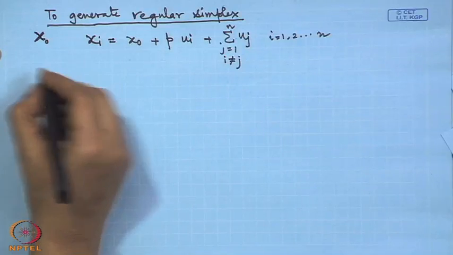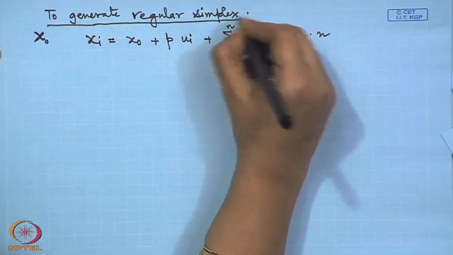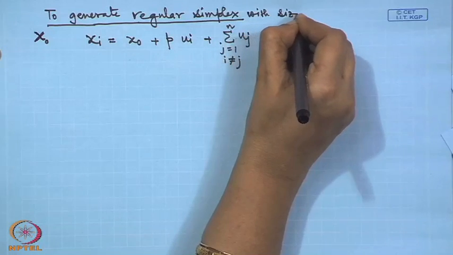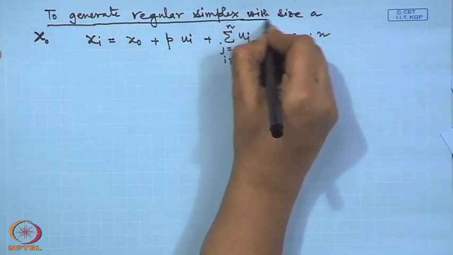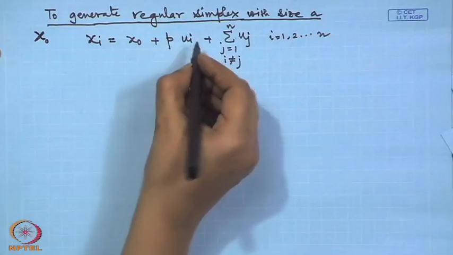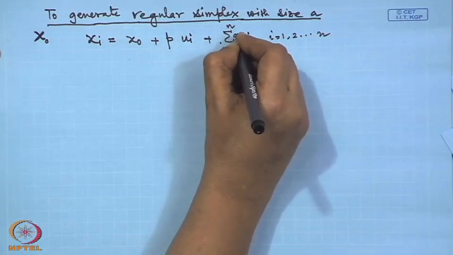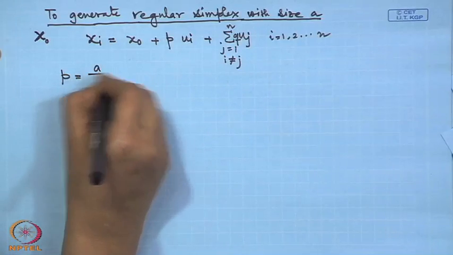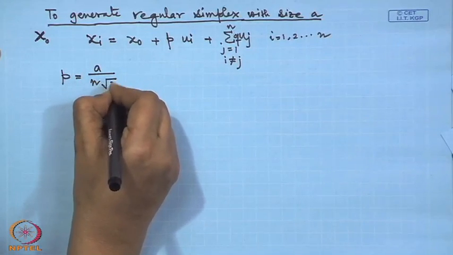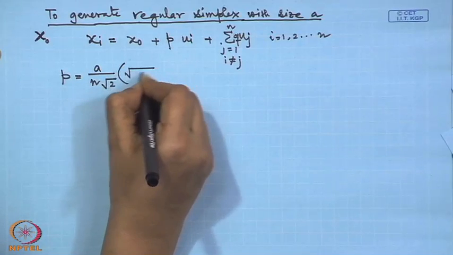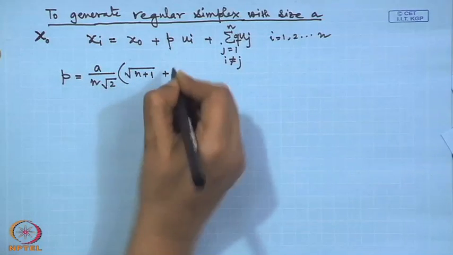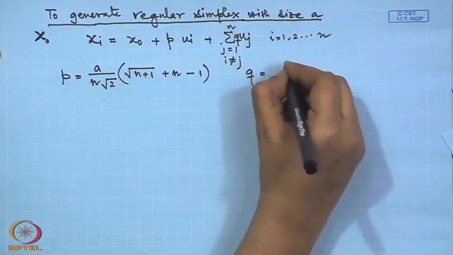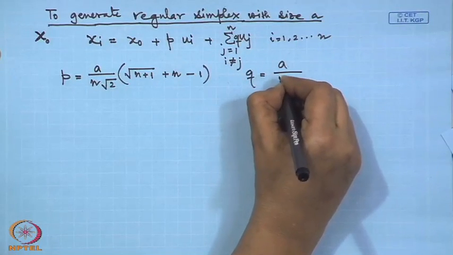And if we want the side of the simplex of length a, then the parameter value p, and here there is also q, the parameter value p will be equal to a by n root 2 into root n plus 1 plus n minus 1, and q would be equal to a by n root 2 into root n plus 1 minus 1.